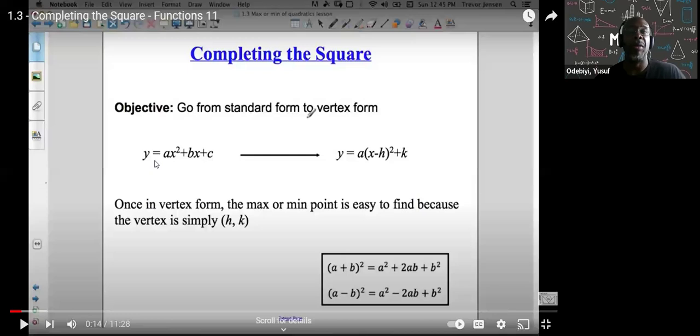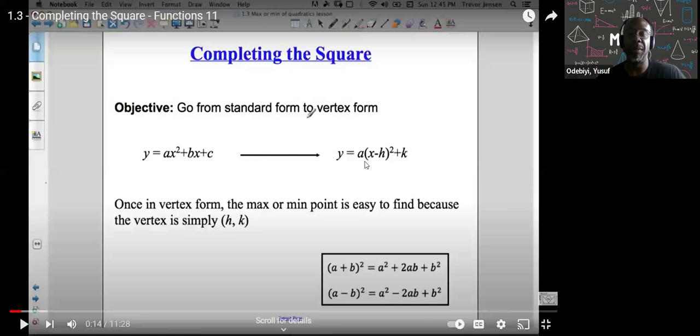Right now you're going to get a lot of standard form equations, and you cannot look at a standard form quadratic and know what the max and min is. You need to convert it into vertex form, and to do that you have to go through the process of completing the square.